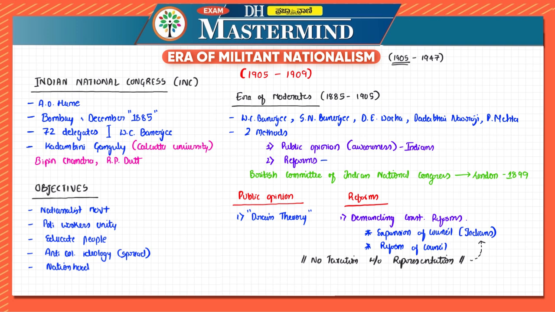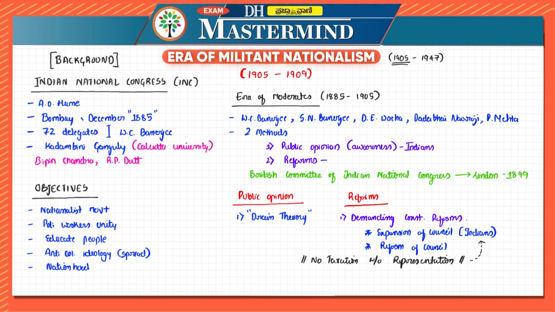Let's revise the Indian National Congress once, and in the next part we'll discuss the era of militant nationalism. In this part we have just discussed the background. The Indian National Congress was formed; A.O. Hume was there. 1885 first session, 72 delegates.